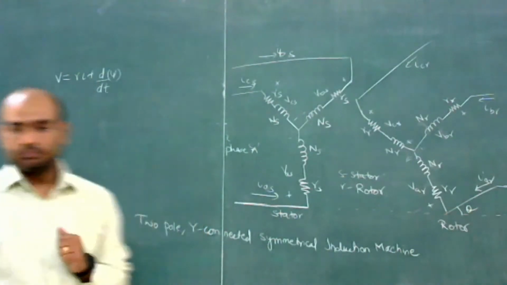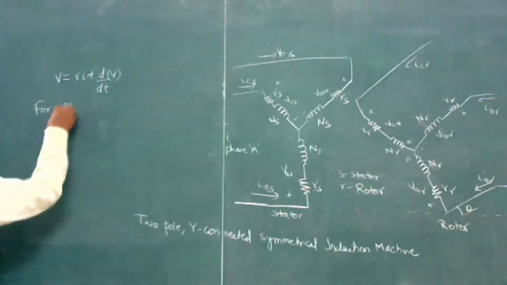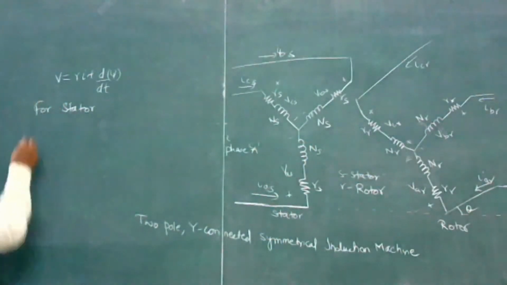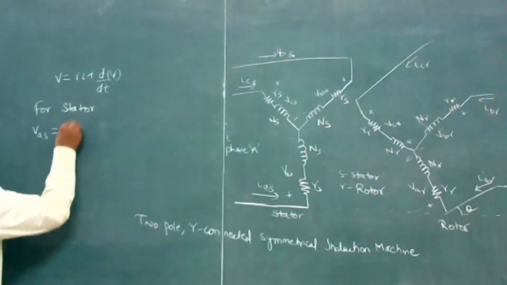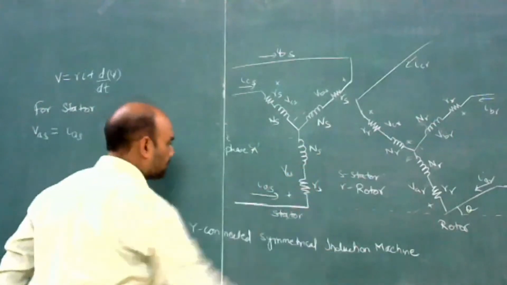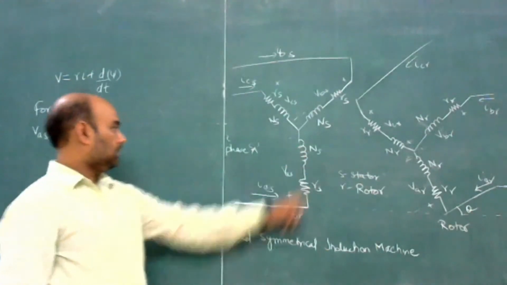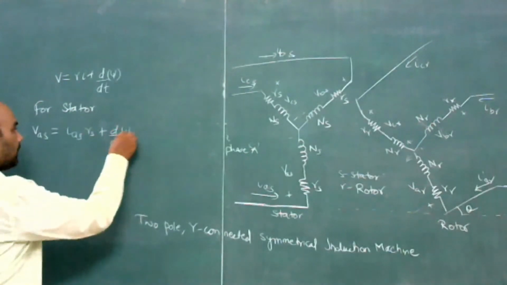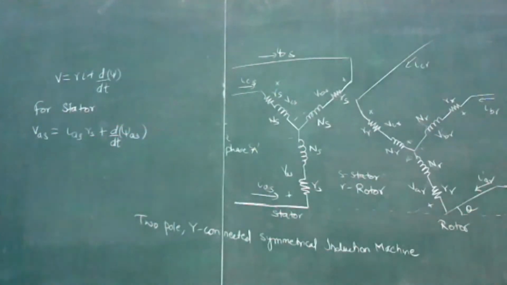The first is for the stator. The voltage across this coil is VAS, equal to the current IAS into the drop in this resistance RS, plus d by dt of the flux linkage, and the flux linkage in this winding is psi AS.